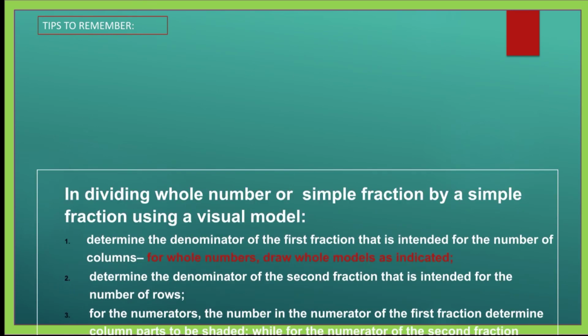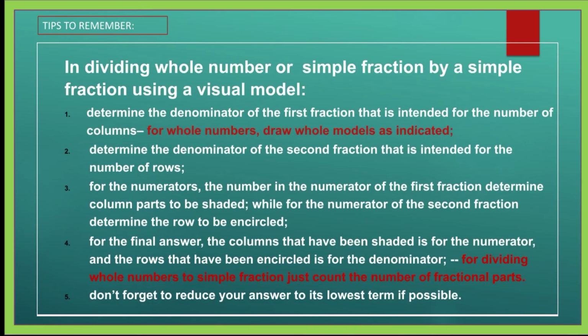Tips to remember in dividing whole numbers or simple fractions by a simple fraction using a visual model. Number 1, determine the denominator of the first fraction, which is the number of columns. For whole numbers, draw whole models as indicated.